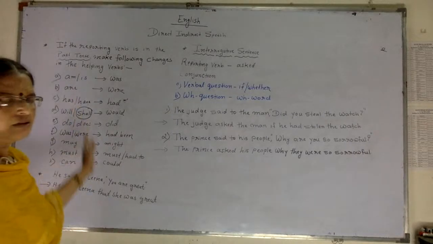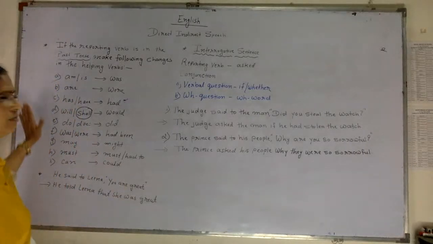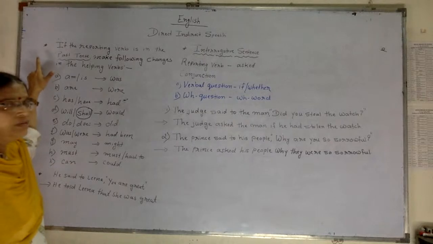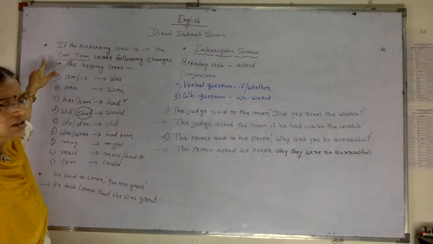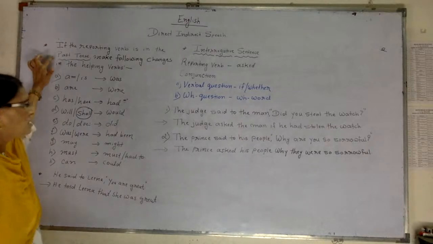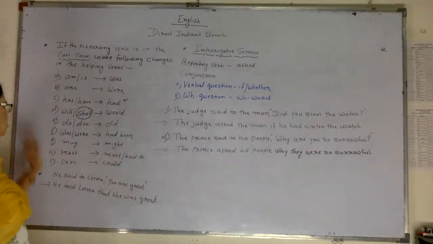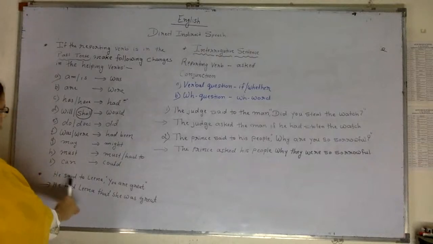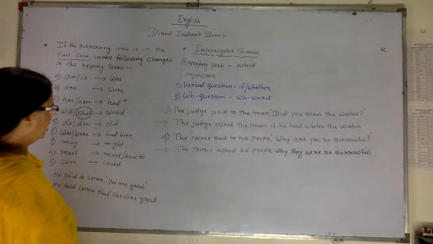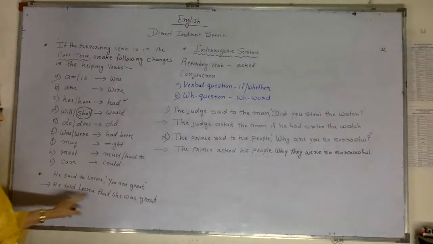Now we will take one example of this. We have seen if the reporting verb is in the present tense, we don't have to make changes in the tense. But if the reporting verb is in the past tense, we make the changes. So just see this example. He said to Lena, you are great. Now, he told Lena.